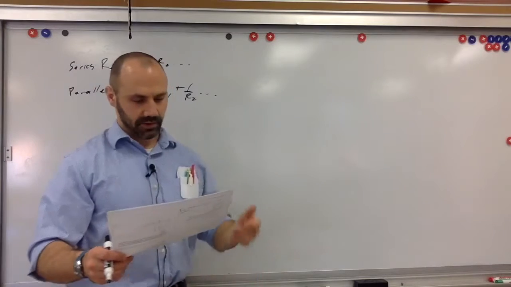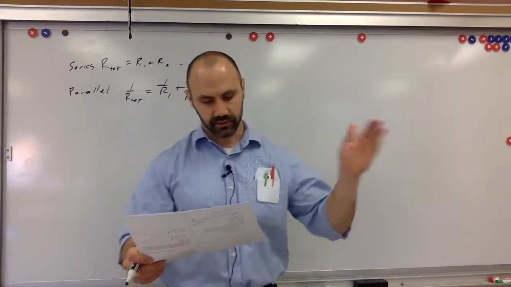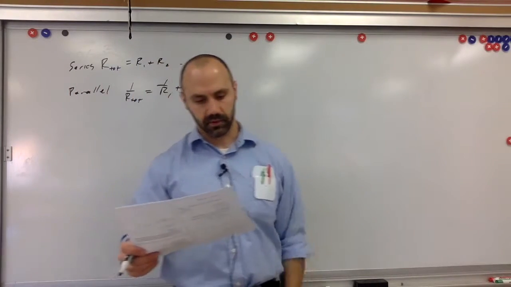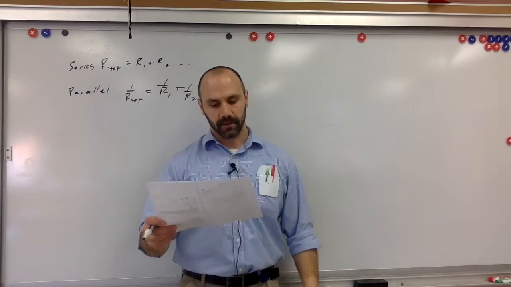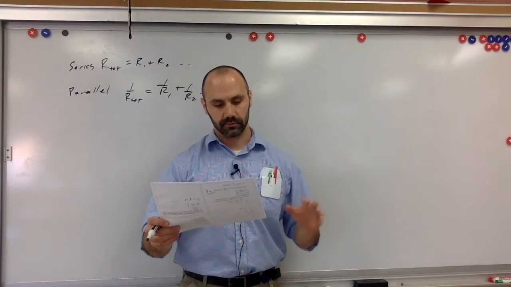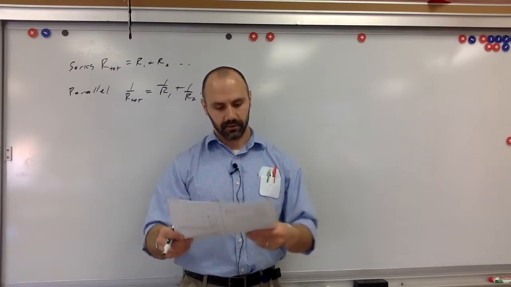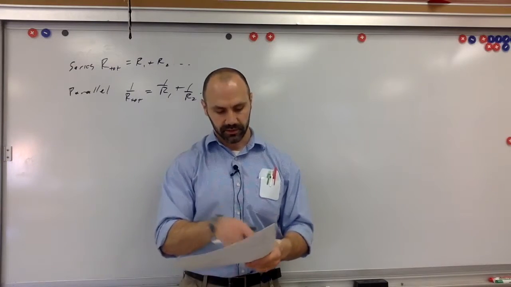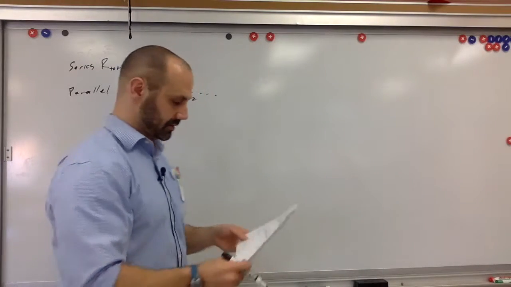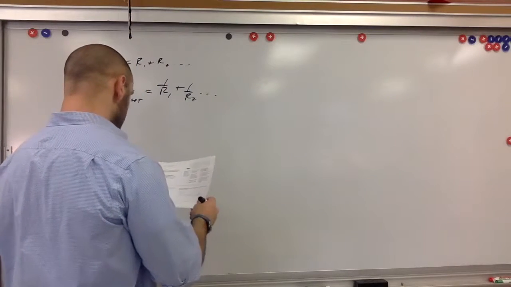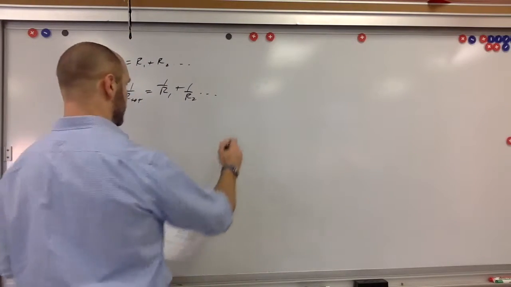Right? And so then we have this setup here. Notice we've got the graph, current versus potential difference, and we want to know which of the slopes represents which of the resistor arrangements. We know that R1 is less than R2.